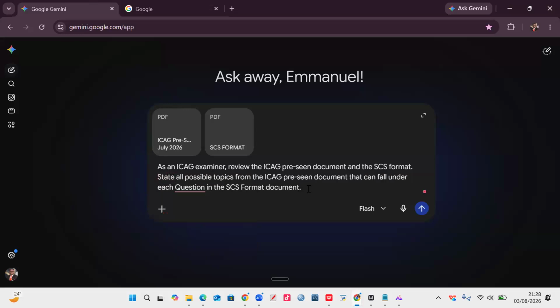So when I use this one, it gave me the picture. It gave me possible ways the question could be asked, right? The AI will read the entire pre-seen document, and it will also examine the format or the syllabus, and based on that it will give me possible questions which can be asked under them.